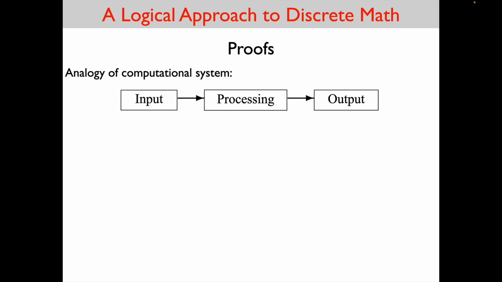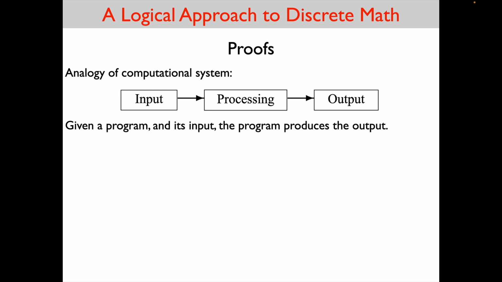Now, there is a direct analogy to proofs. So here we're summarizing the programming analogy. Given a program and its input, the program produces the output. You can think of it as the processing takes the input and generates the output. Now, look, it's exactly the same thing with axiomatic logic systems. And what we are constructing here in this formal methods course is an axiomatic logic system.